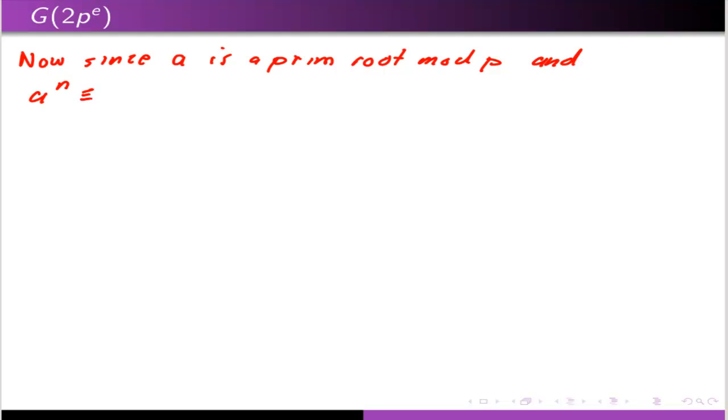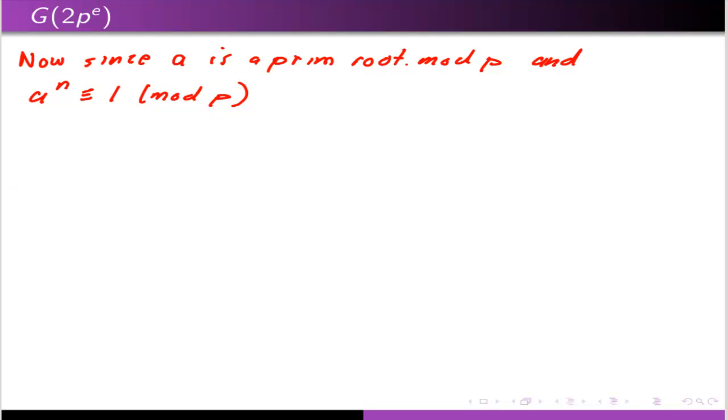Now, since a is a primitive root mod p, and a to the n power is certainly congruent to 1 mod p, right? A to the n is congruent to 1 mod p to the e, because that's the order.